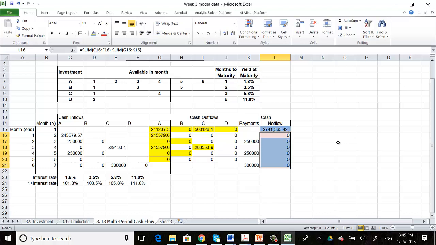Most are bigger than mine, so probably it's wrong, because we want to minimize this one. That's the only constraint.